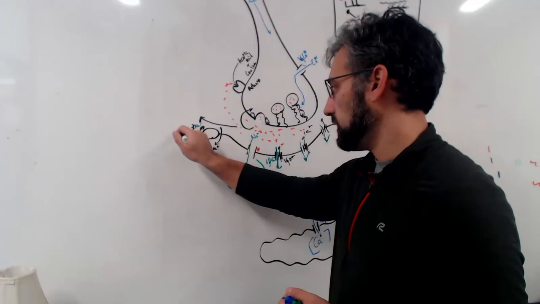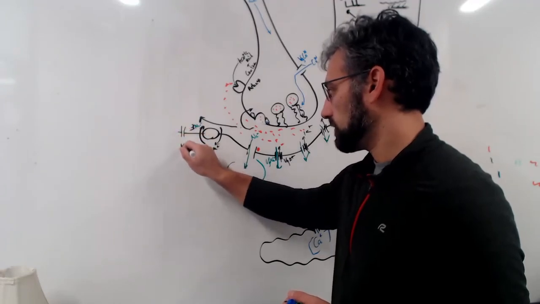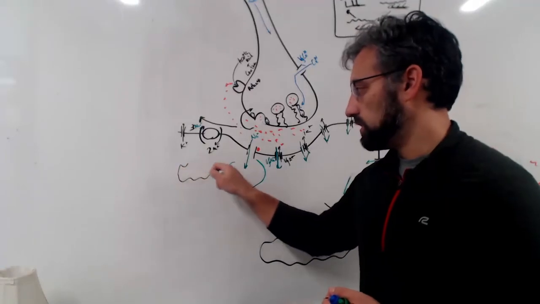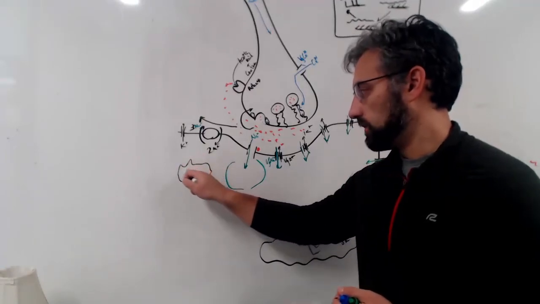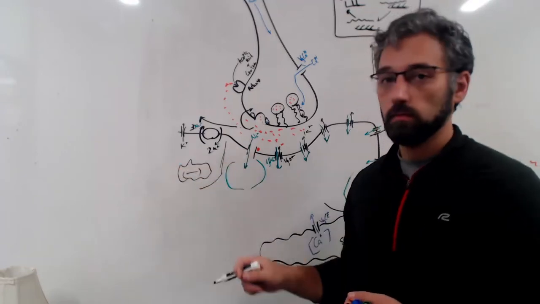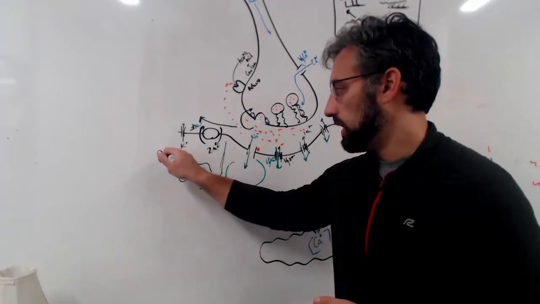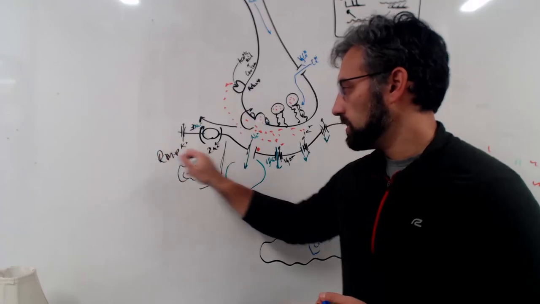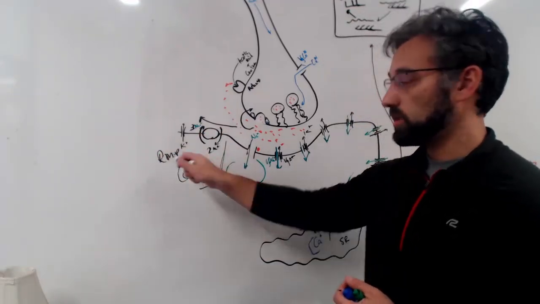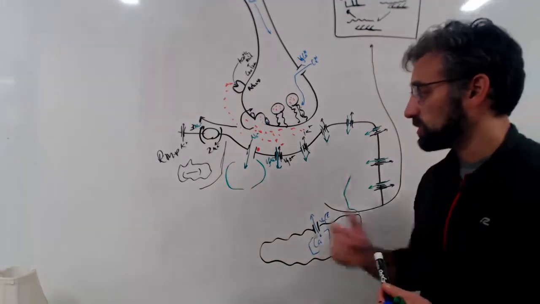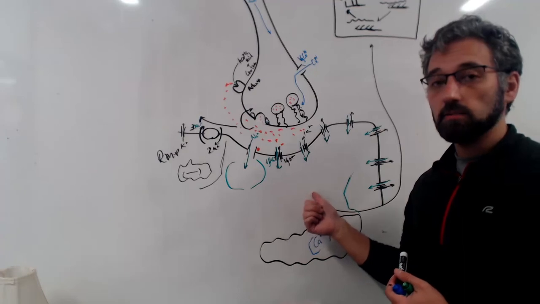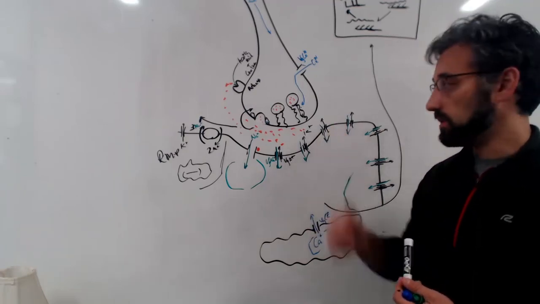And potassium leak channels, which are just going to leave. And then also proteins that are negatively charged. So this is resting membrane potential here. So that's RMP. So sodium potassium pump, potassium leak channels, negatively charged proteins establish that resting membrane potential, which makes it so that there's more sodium on the outside than there is on the inside, and more potassium on the inside than there is on the outside.